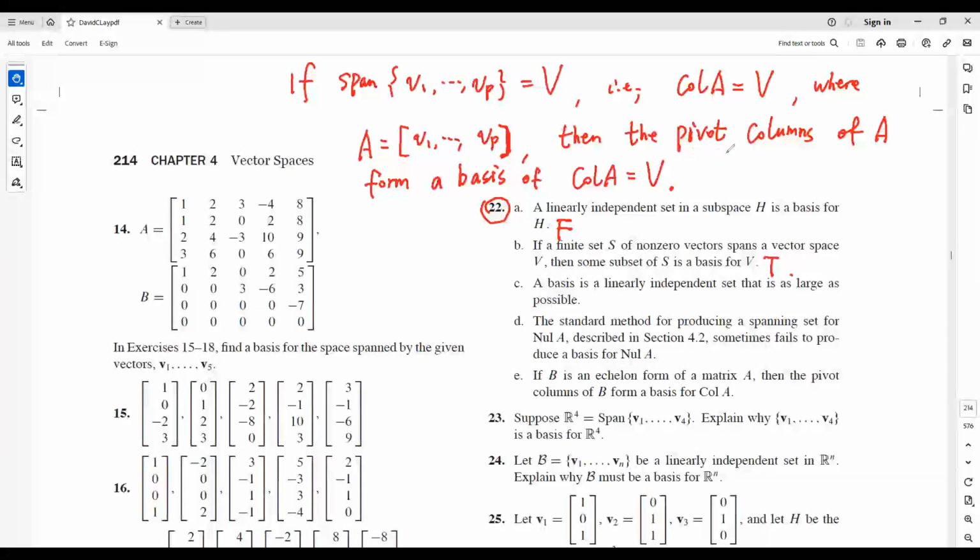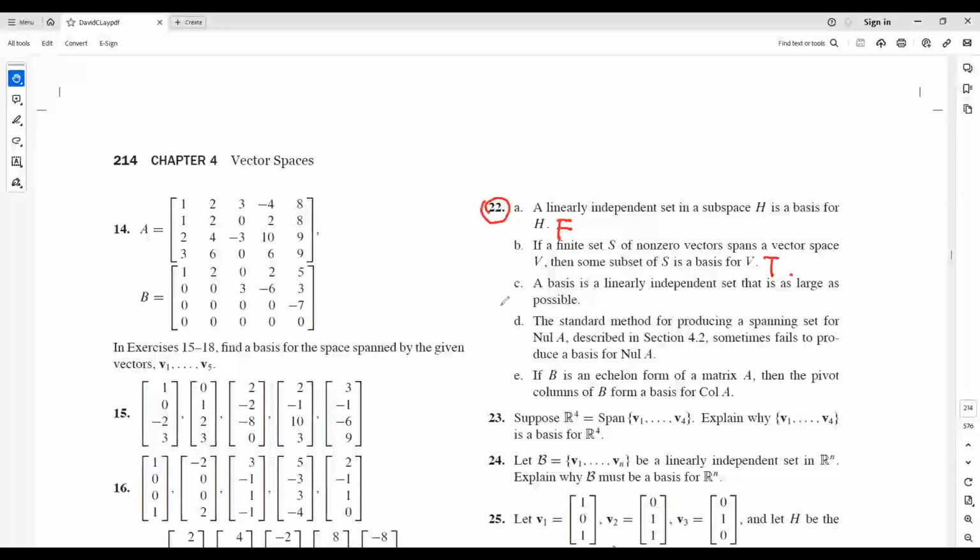Then the pivot columns of A form a basis of Col A, which equals V. C. A basis is a linearly independent set that is as large as possible. True. See page 212.